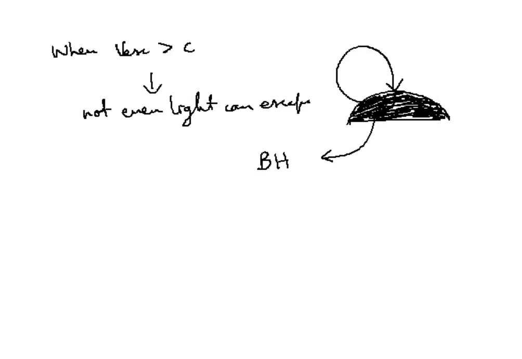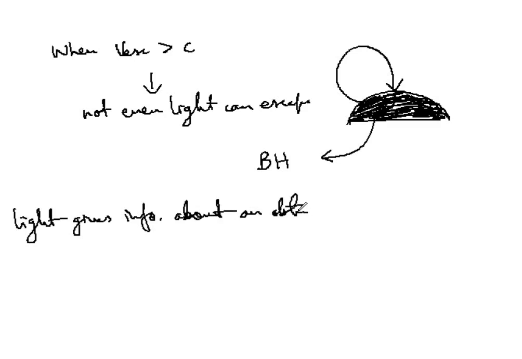Okay, not only that, in a way this tells us that we cannot receive any information of an object. So what is light? Light basically gives us information about an object.